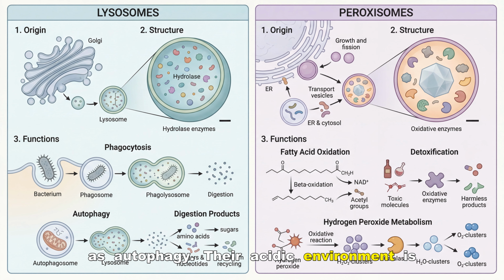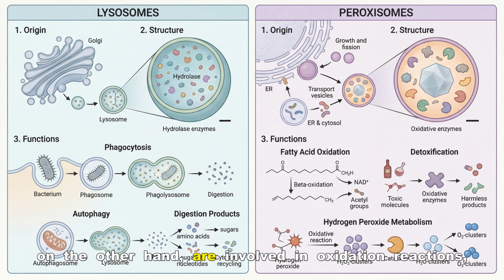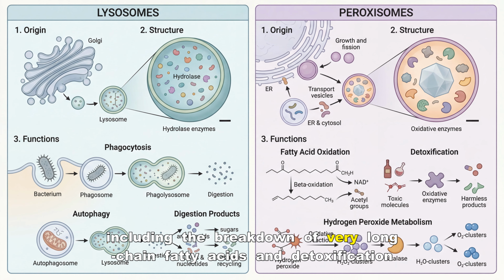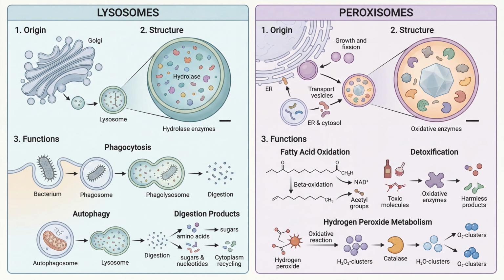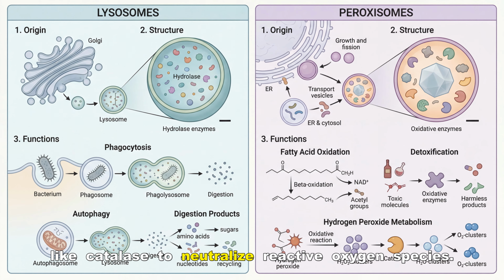Their acidic environment is maintained by proton pumps in the membrane. Peroxisomes, on the other hand, are involved in oxidation reactions, including the breakdown of very long-chain fatty acids and detoxification through hydrogen peroxide metabolism. They contain enzymes like catalase to neutralize reactive oxygen species.